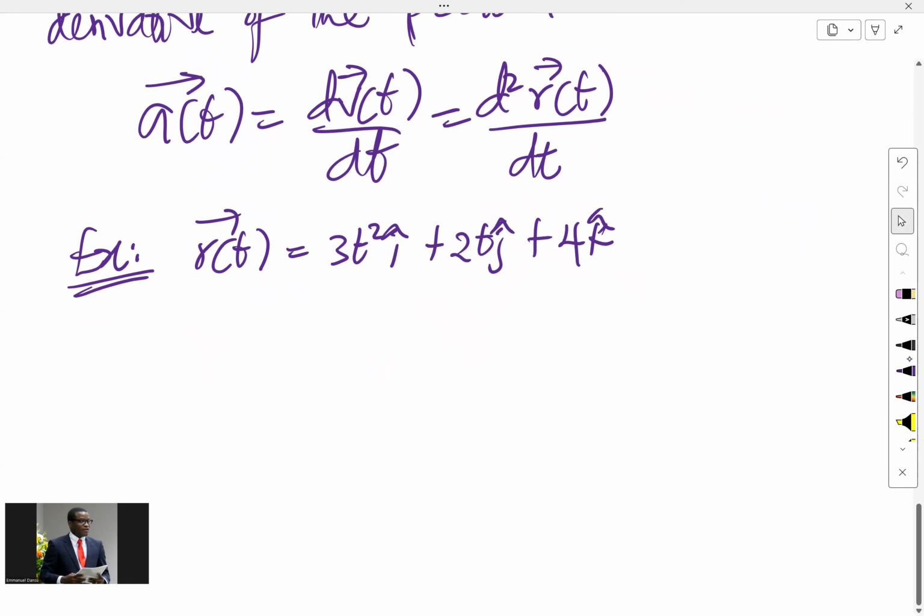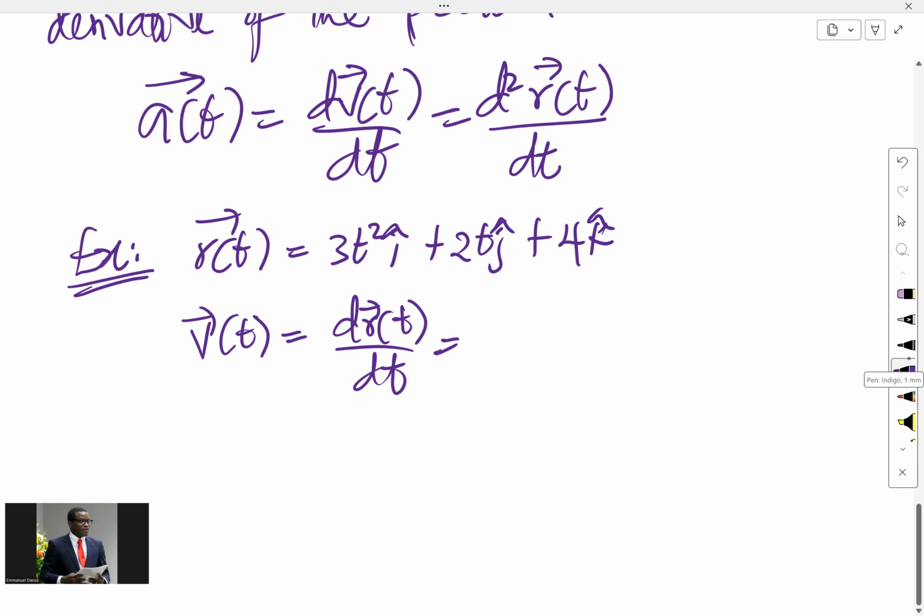That was our r of t. And from this we got v of t. v of t is dr/dt, differentiating each component respectively with respect to t. So 3t squared gives you 6t, 2t is just 2 in the direction of j, and 4k is 0, so that is all gone.